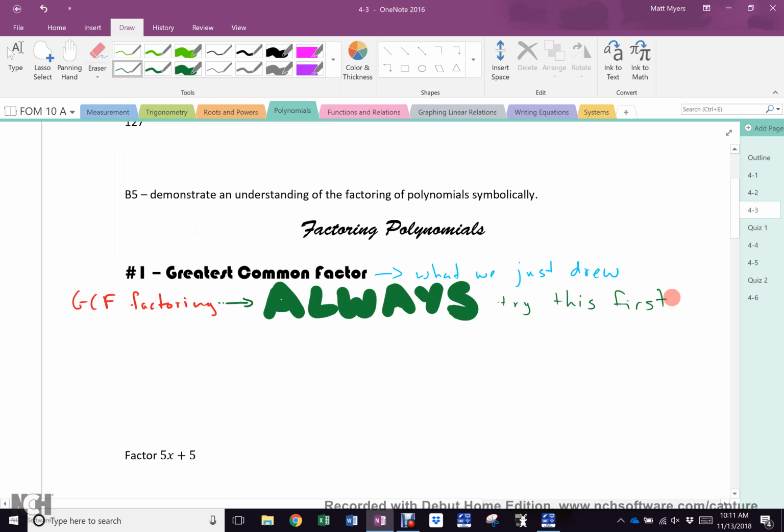If you can do this, do it. Okay? Always. Because this will simplify things for you. And who doesn't want their math simpler? I know I do, right?